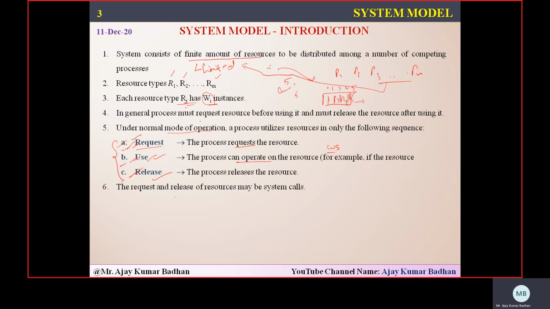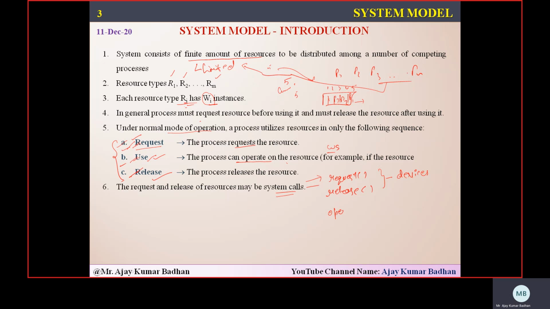Now, whatever I'm talking about, this request and release of resources is purely done using system calls. I think you people are familiar with this. We discussed system calls in the first unit itself, right? So what are the different system calls? We have request or release. These are the methods. The system call is nothing but methods. So request and release are the system calls for releasing devices.